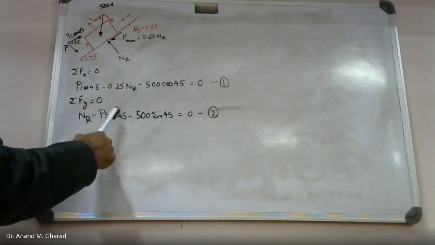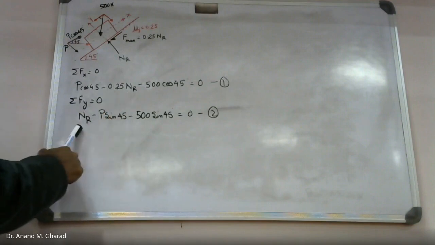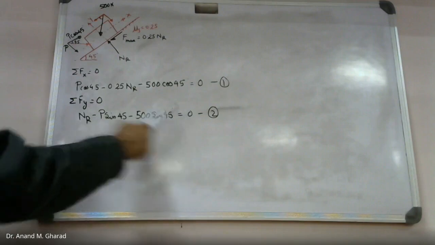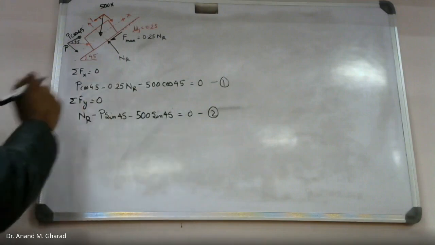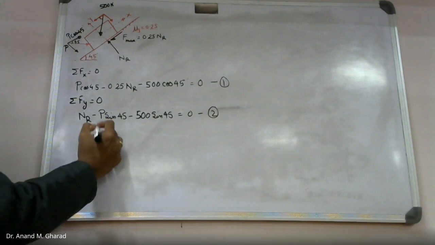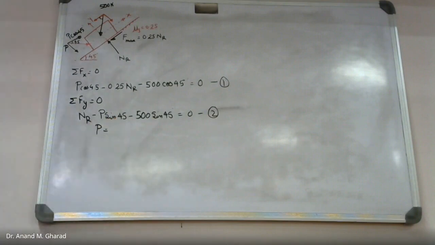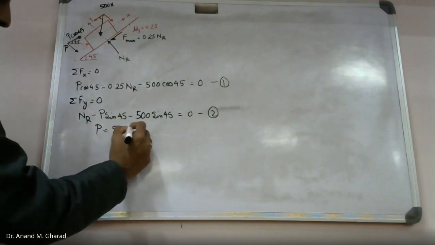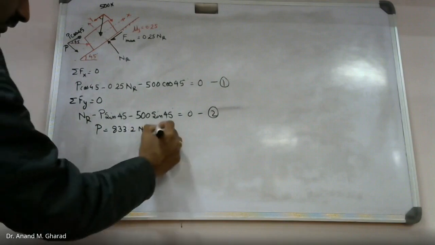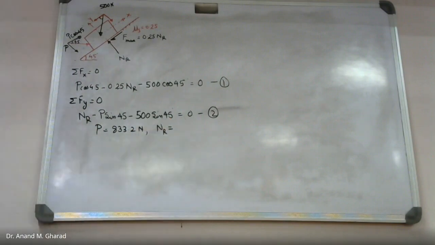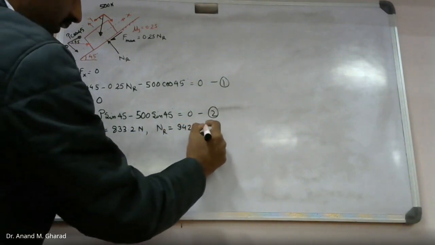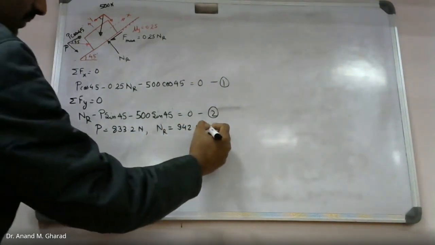Eliminate NR first. So you multiply equation 2 by 0.25 and then add these two equations. You will get the value for P. I am getting the value of P to be 833.2 Newton, and similarly NR I am getting to be 942.8 Newton. You can verify this.